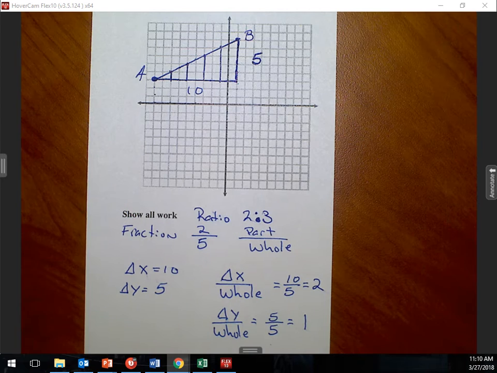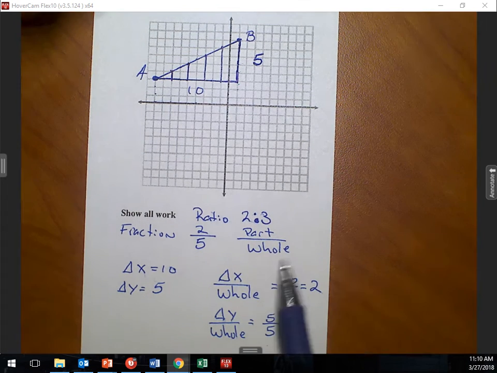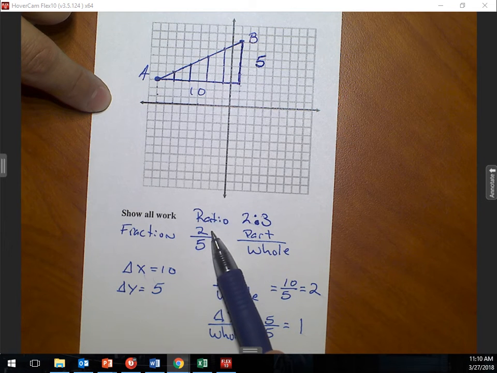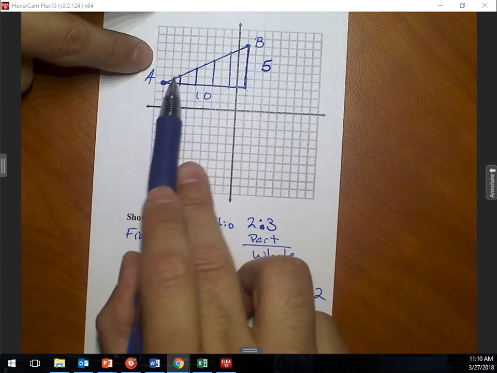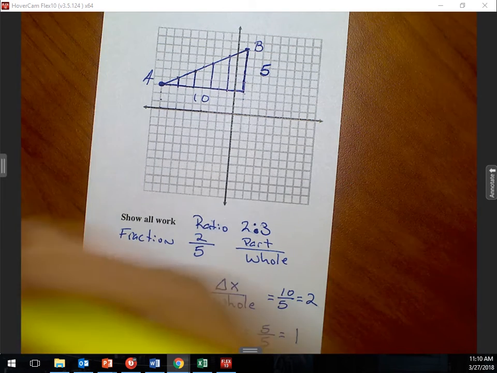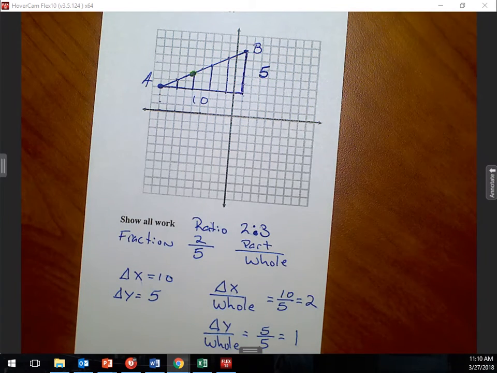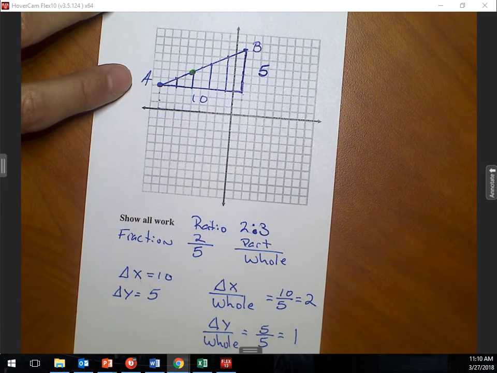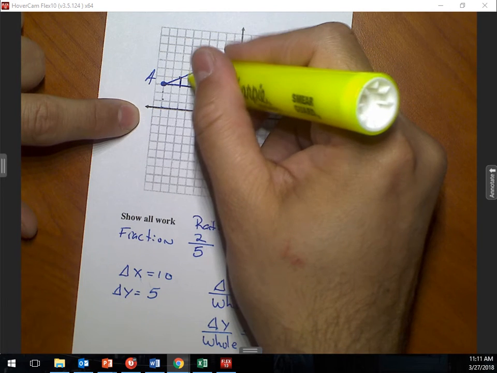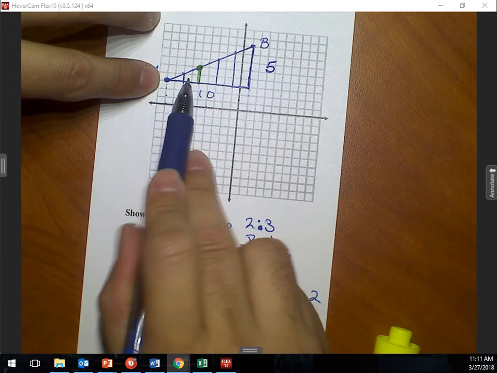Now, what fraction am I looking for? 2. I'm looking for 2, so let's do that. It's going to be 1, 2. So that means it's going to be this spot right here, because if I divide it like this, do I have 2 pieces on the left?